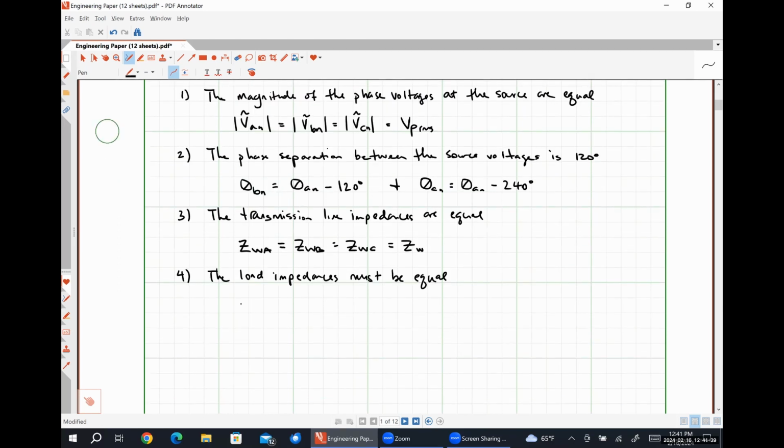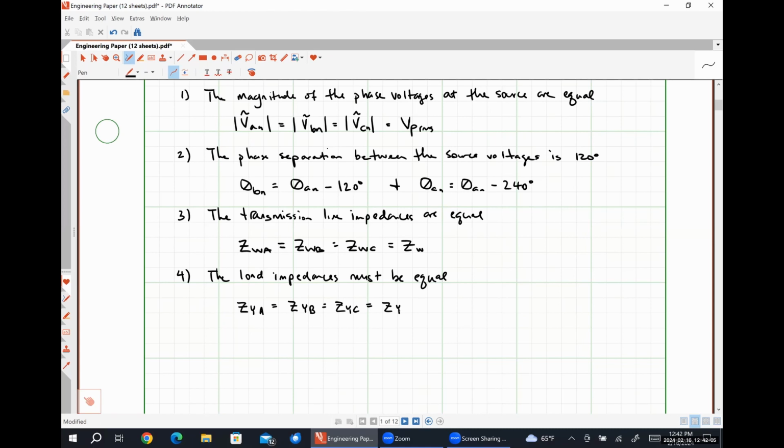So that means that impedance ZYA is identical to ZYB is identical to ZYC. And so we can represent all of these by a single equivalent impedance ZY. Okay. So these are our constraints for a balanced system, and we will bring them up as necessary.